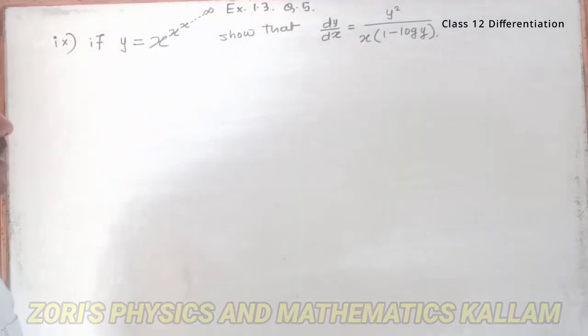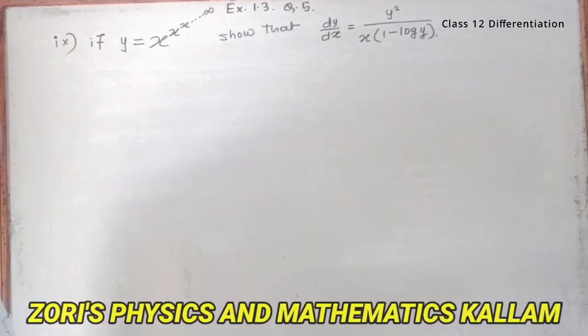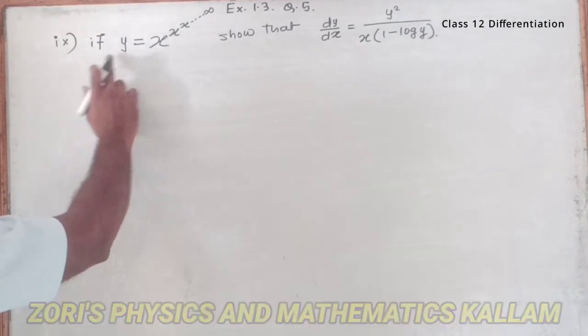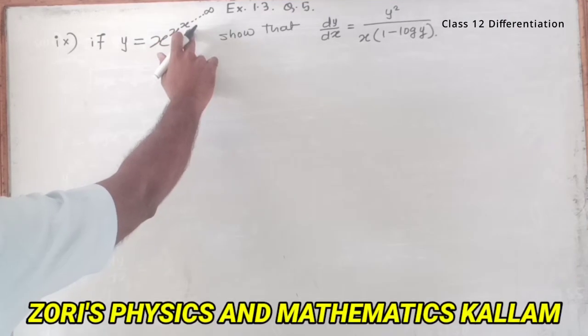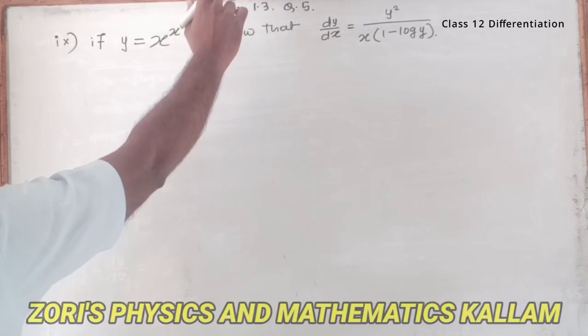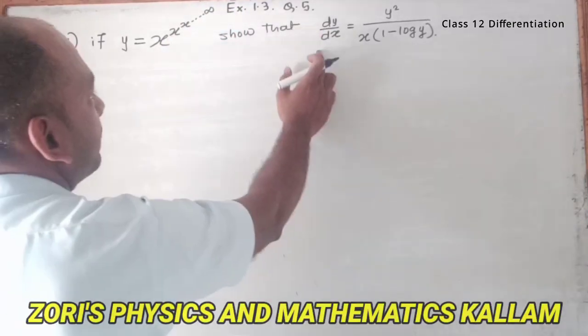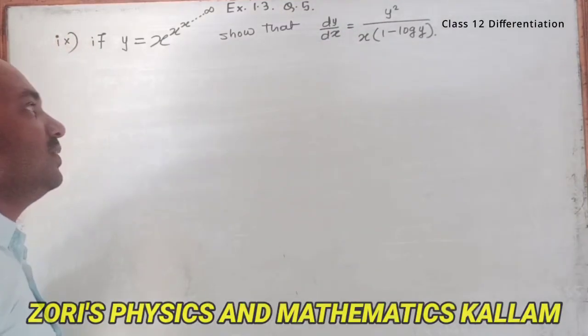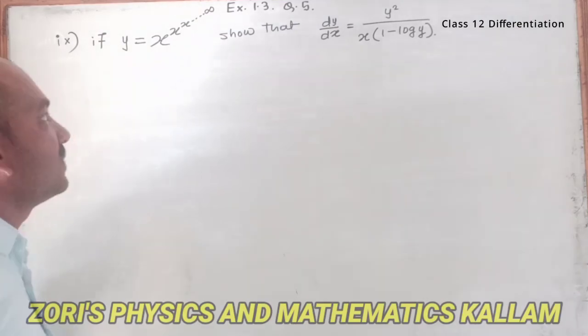Now move on to the ninth question here. See, if y is equal to x raised to x raised to x raised to ... till infinity, then show that dy upon dx is equal to y square upon x in bracket 1 minus log y.